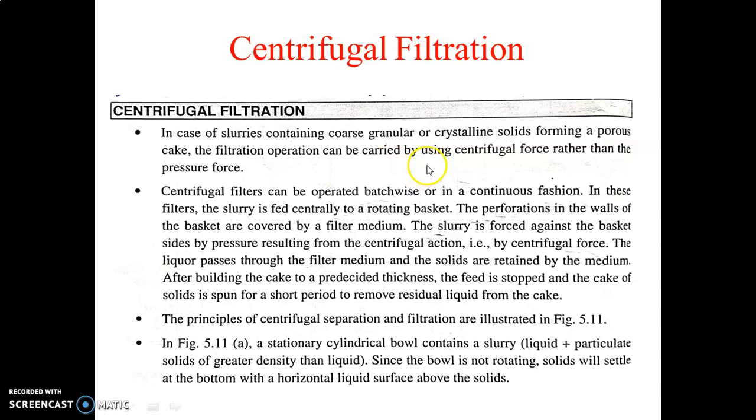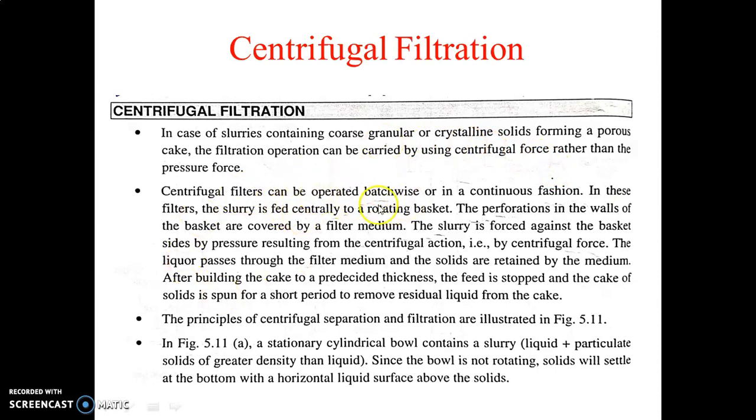At that time we have to use centrifugal force rather than pressure force. In the previous filters, like plate and frame filters, we use pressure as the driving force, but in this case you have to use centrifugal force.